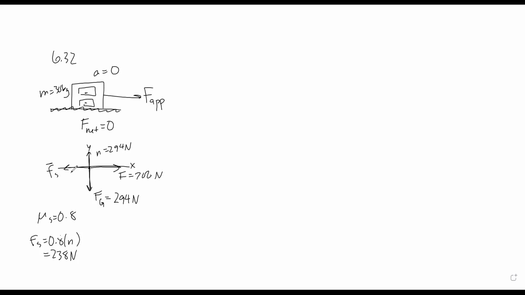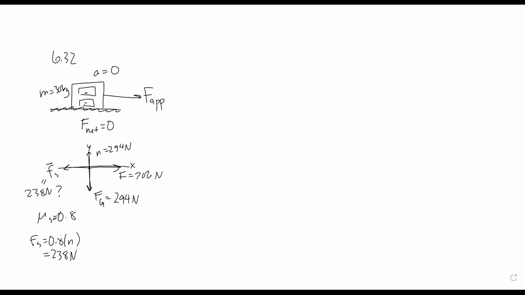What would happen to the free body diagram if the static friction force was 238 newtons? It would be unbalanced and the thing would accelerate to the left, right? Physically, that never happens. We don't ever pull an object to the right and somehow have it slip off and accelerate to the left.